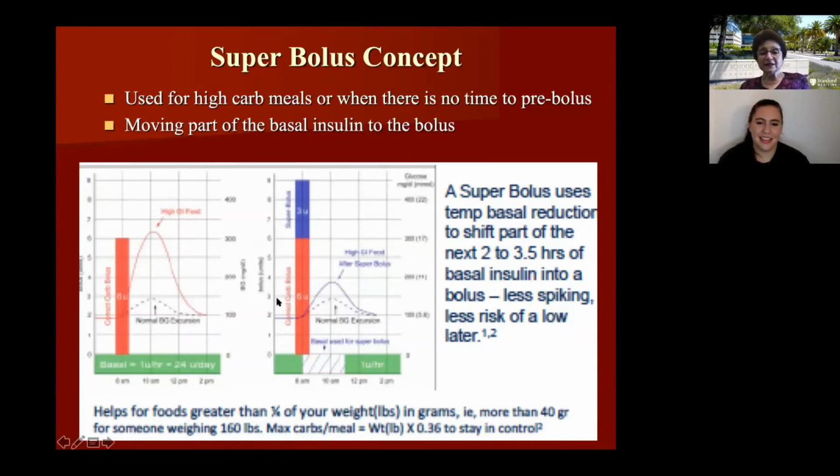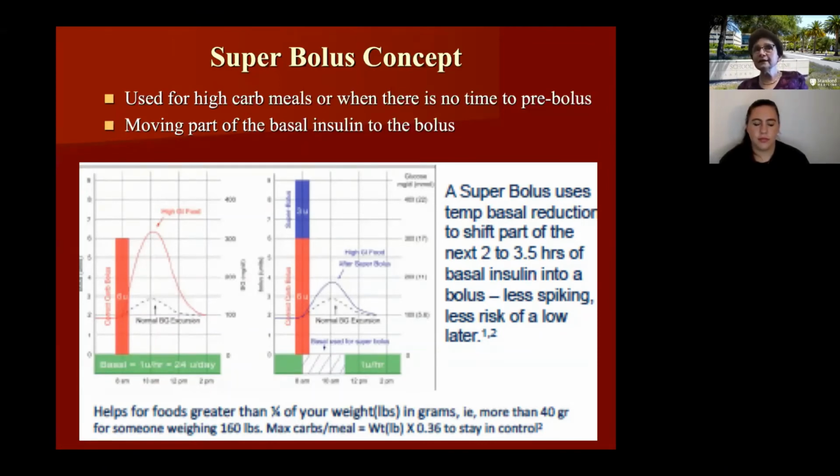So this is just the concept of the super bolus. When you are eating a higher carb meal, you would enter a higher amount of carbohydrates than you're eating, and at the same time, you're setting your basal rate lower. You can do it for closed loop pumps as well.